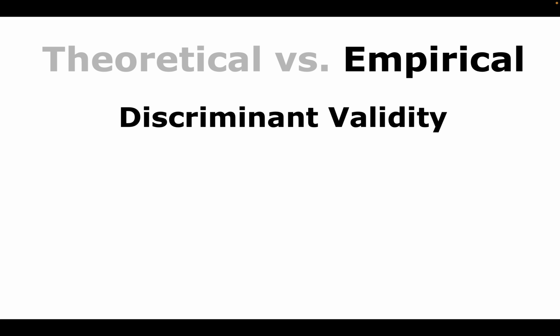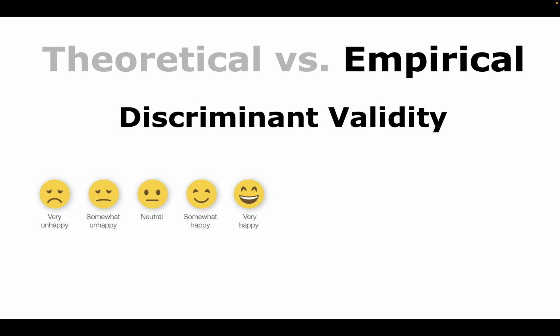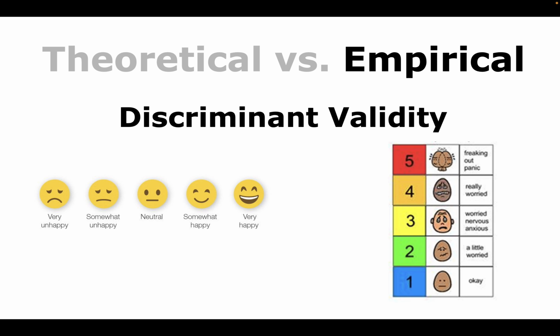We also have another empirical model called discriminant validity. That refers to the degree to which a measure does not measure, or discriminates from, other constructs that it's not supposed to measure. So it's demonstrated that indicators of one construct are dissimilar from or have low correlation with others.